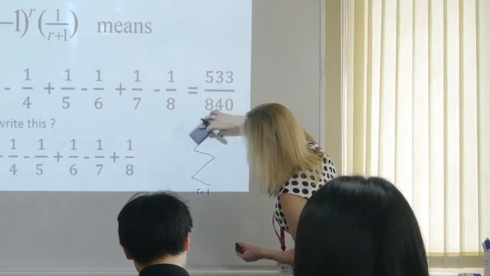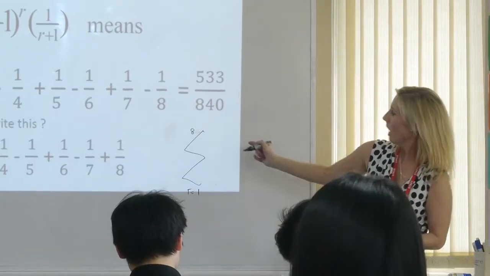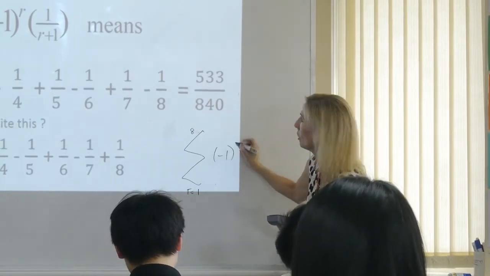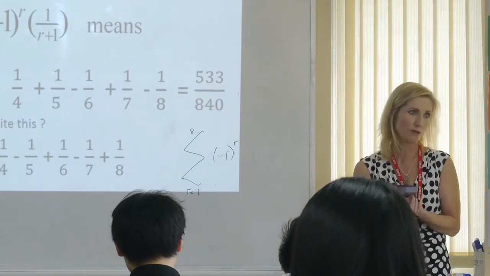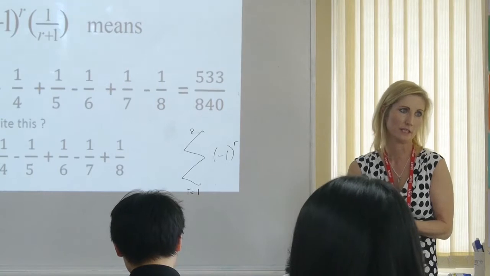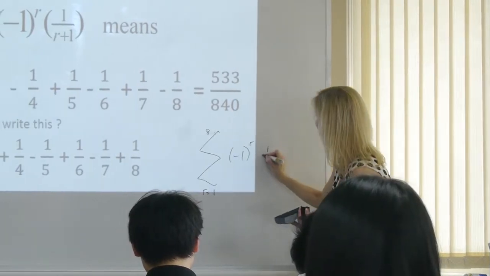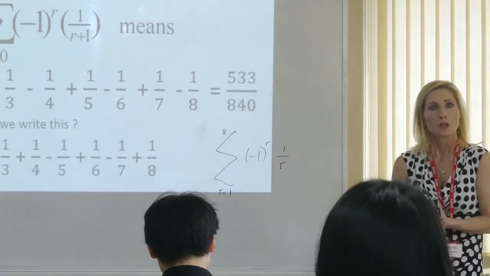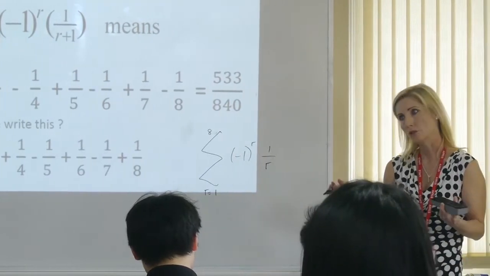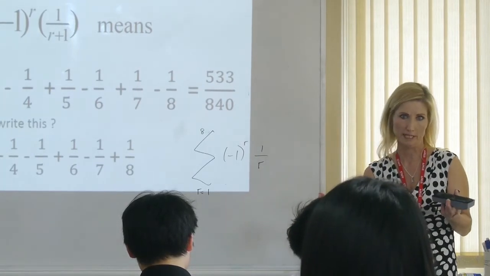R is 1 to 8. If we just leave this alone now, that will correct the sign, but what will we have to do to correct the rest of it? We just need 1 over just r. 1 over r. Yeah. That's why I said earlier you had to be cautious about just simply putting a minus in front.